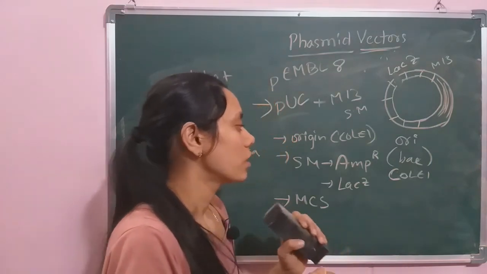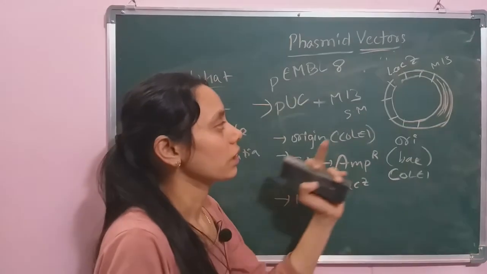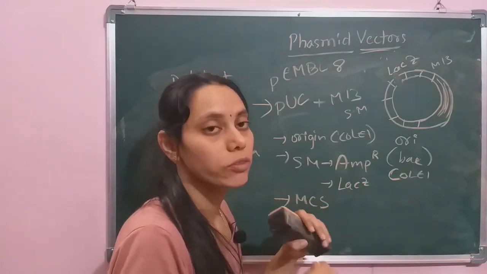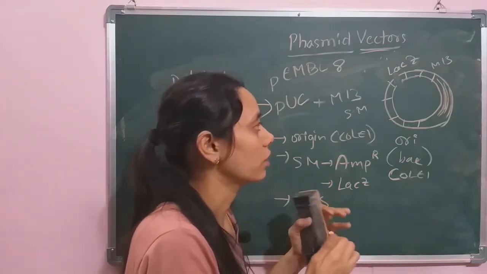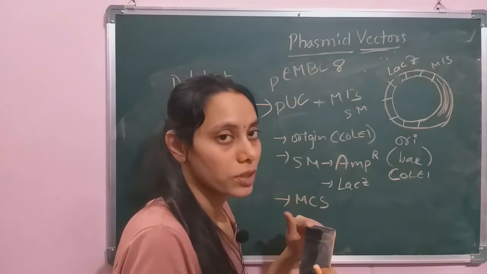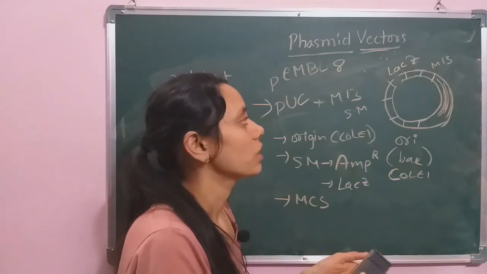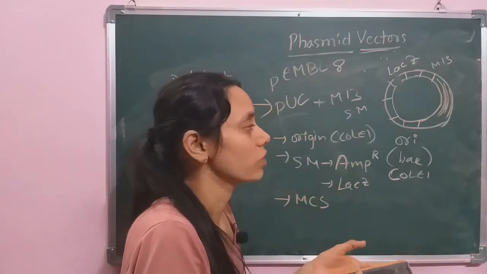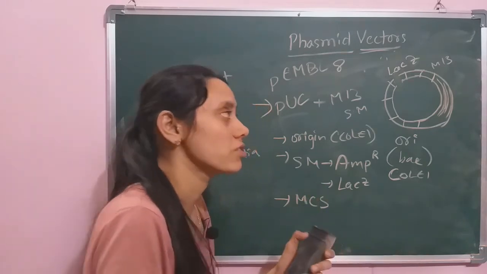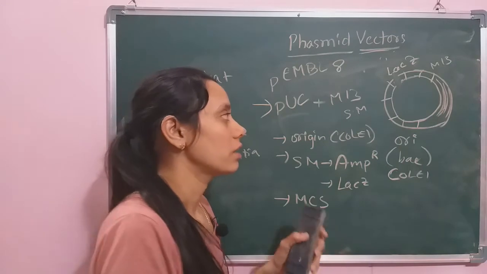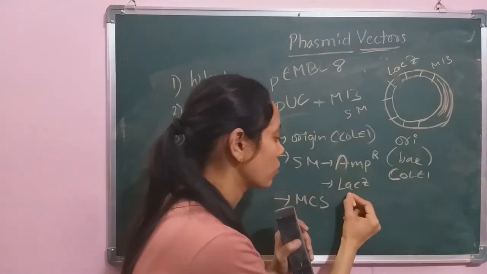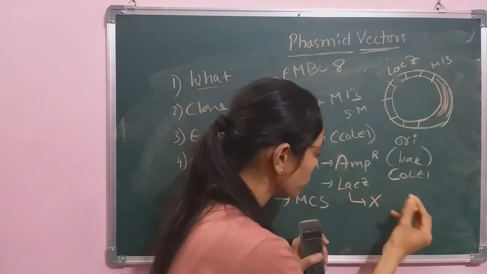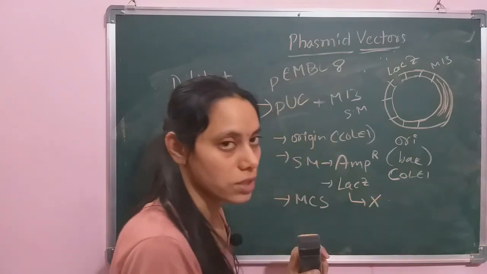That means if this phasmid vector contains the lacZ gene, which is responsible for producing beta-galactosidase, then once this recombinant vector is produced, the lacZ gene in which the gene is introduced will be inactivated. That is called insertional inactivation. And the lacZ gene is then not functional, and it cannot produce beta-galactosidase.